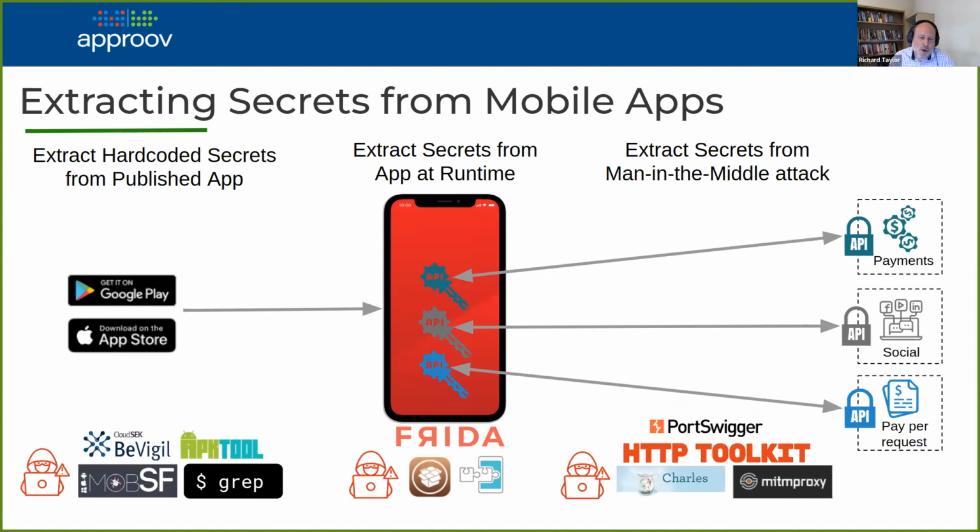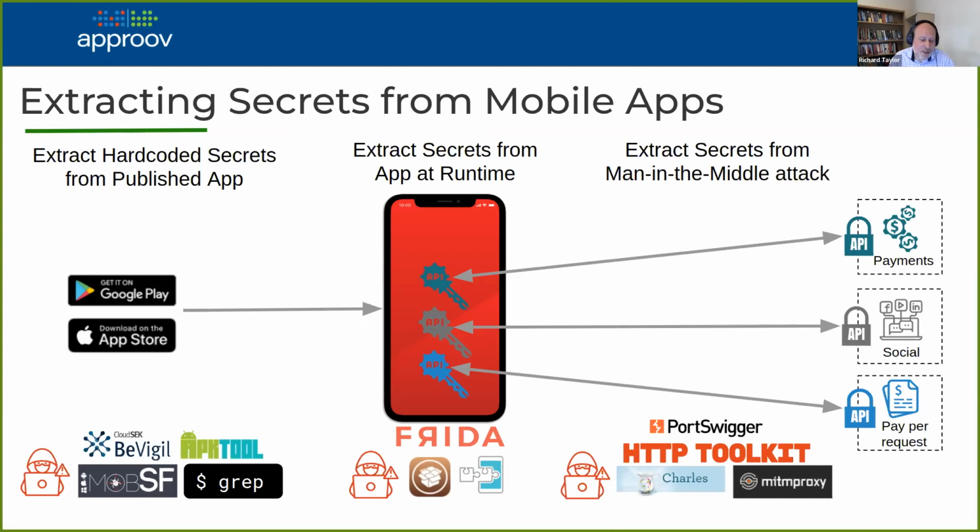So one possible angle is that you can extract the secrets directly from the published app itself. There are various tools, MobSF being a good example, which is a static analysis tool that can take an APK or an iOS IPA and essentially reverse engineer it. You can use this for code extraction too, but it also has various analysis patterns that it uses to find things in the code that look like API keys, and will present you with a list of potential API keys that might be embedded inside the app.